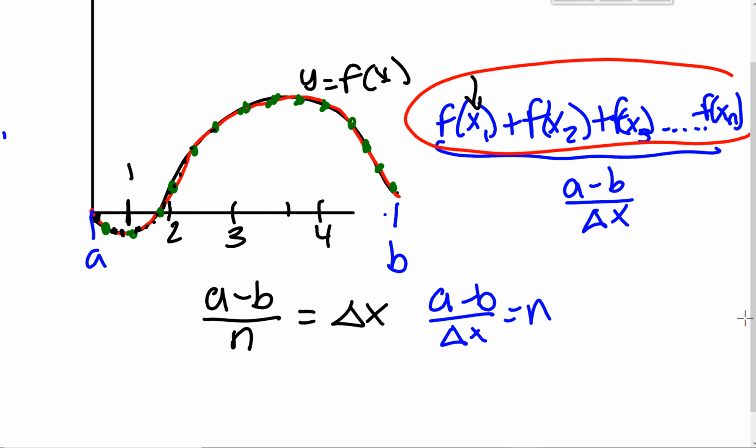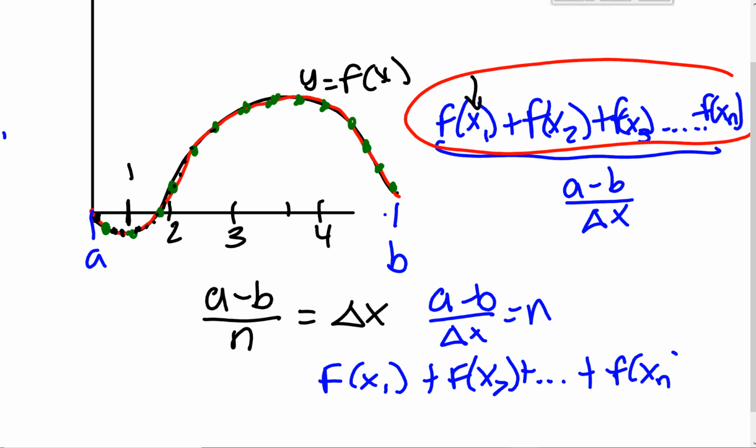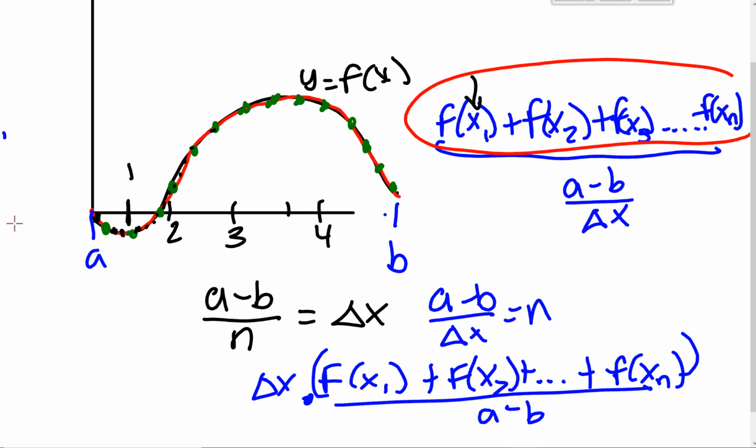So I can switch this around to f of x1 plus f of x2, and so on all the way to f of xn, and then divide by a minus b, sorry, and then multiply that by the change in x.